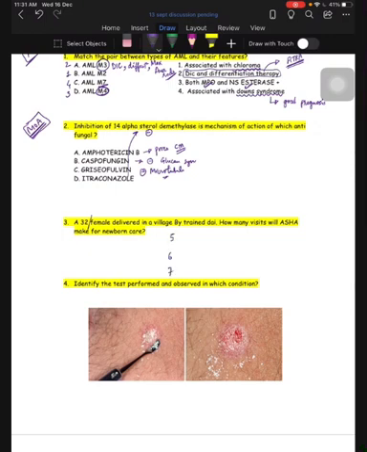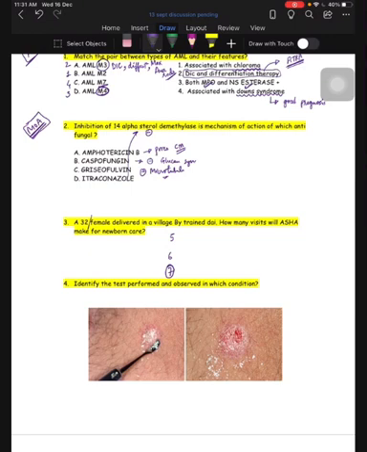ASHA has to visit the postpartum mother for several visits in three different conditions. If the baby is born at home, with no institutional delivery, in the village at her home by a trained dai, the ASHA has to make 7 visits.